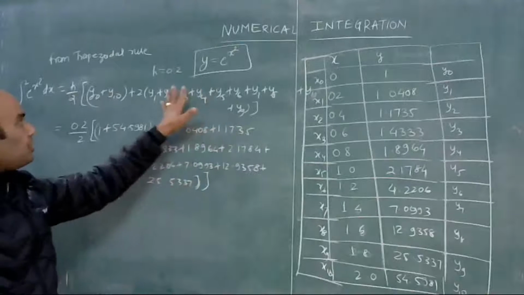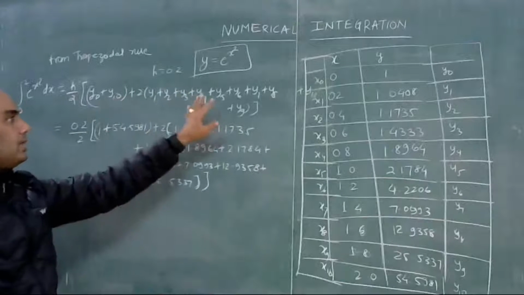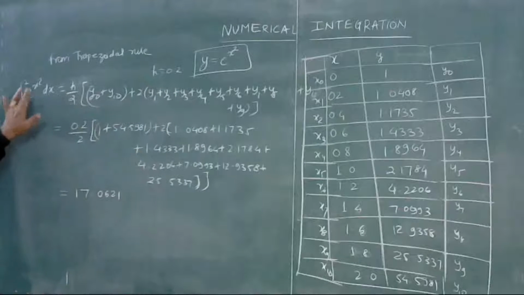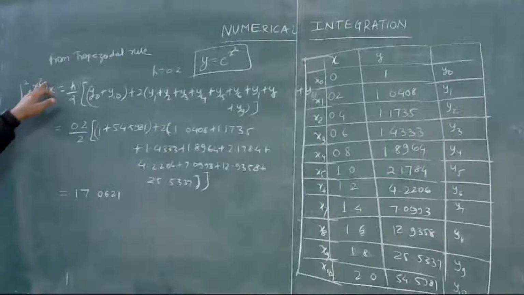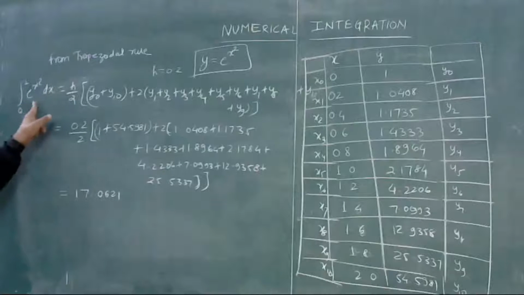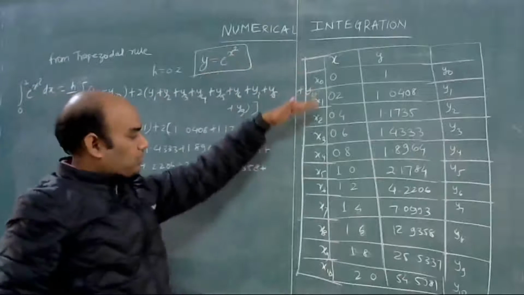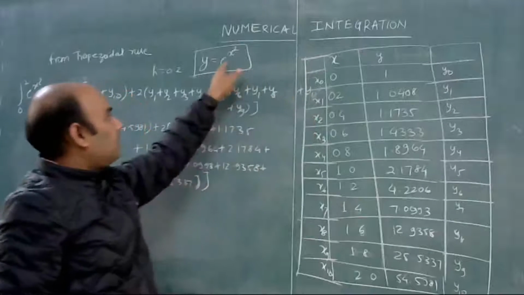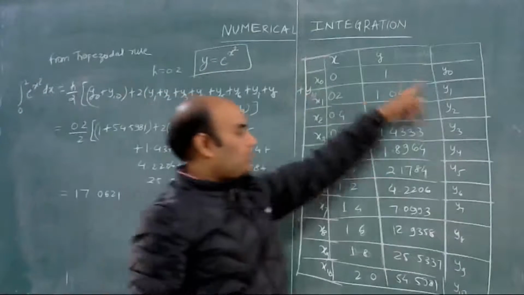In the question, values of y are not given. Only this function, e to the power x square, is given. So first you have to take it as y and then substitute the values of x in this equation, and you will get the corresponding values of y.